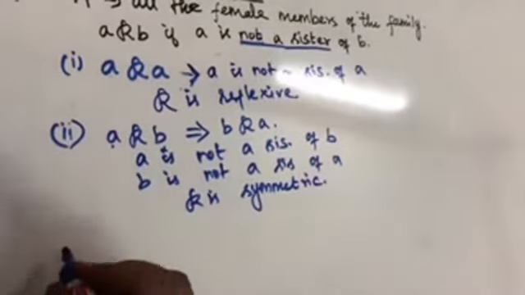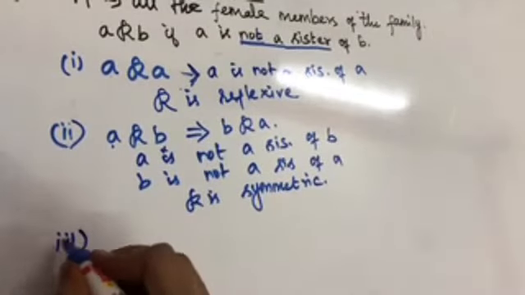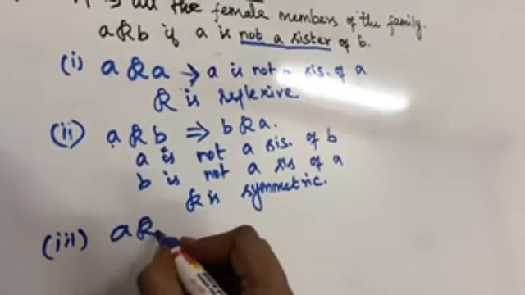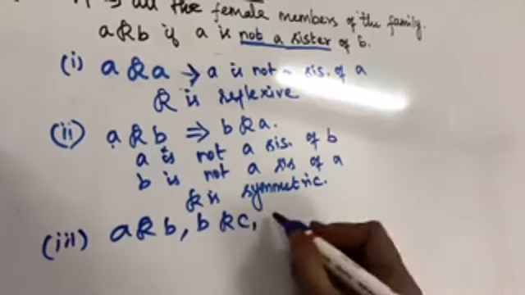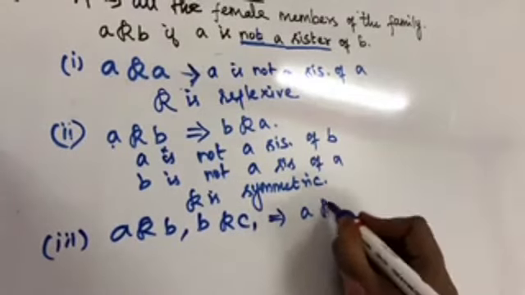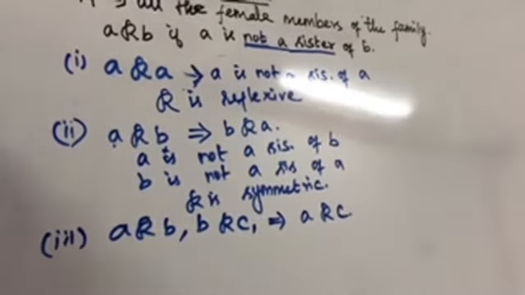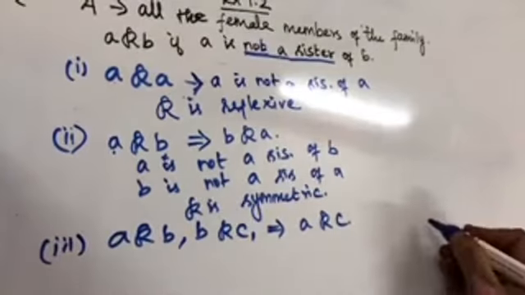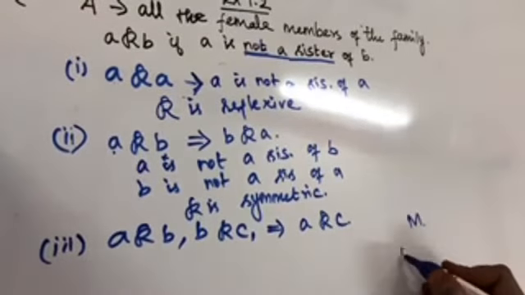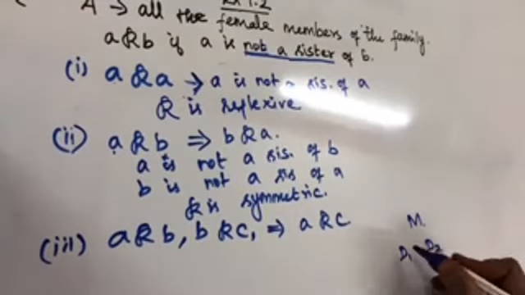The third condition, A is related to B and B is related to C. Does it imply A is related to C? We have to check it. Here in the family, only female members are there. So, a mother and two daughters.